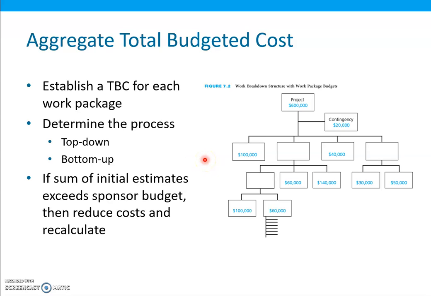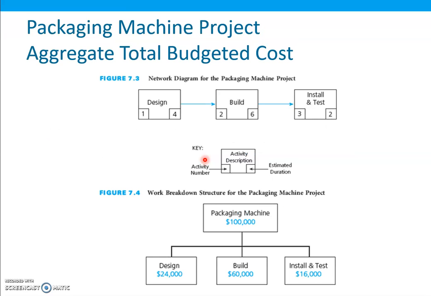And if we look at the next figure, figure 7.3 over here, and also this figure 7.4, these figures depict the network diagram and the work breakdown structure with the costs assigned. So this example is used throughout in the remainder of this chapter.